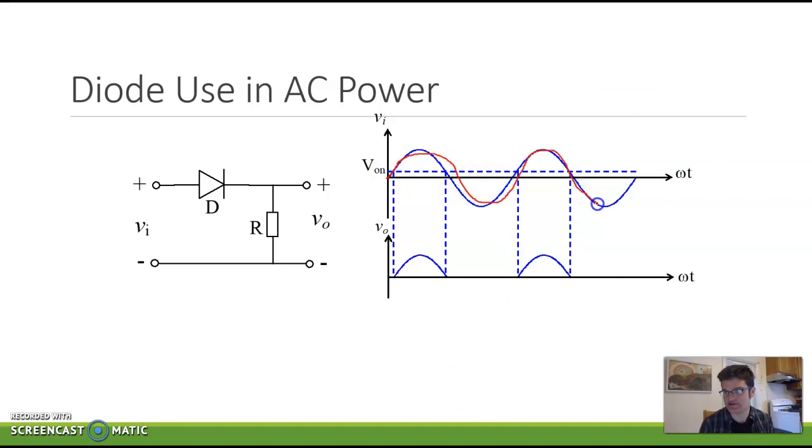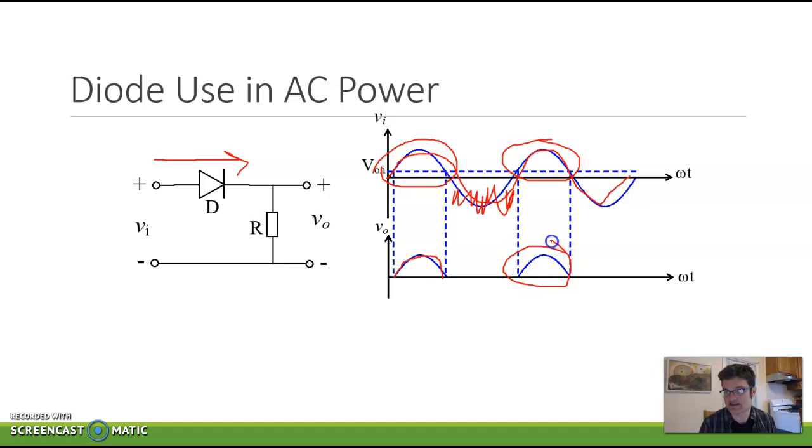Ooh, I'm doing an awful job tracing that right there. Now, if I was to run it through this diode, it is only going to allow it to go when it's in the positive region, right here and right here. So what you're actually going to see on your output side over here is you're only going to see it moving in the positive direction. As soon as it starts to go negative, it just doesn't allow anything to happen at all. So there is nothing transmitting through.